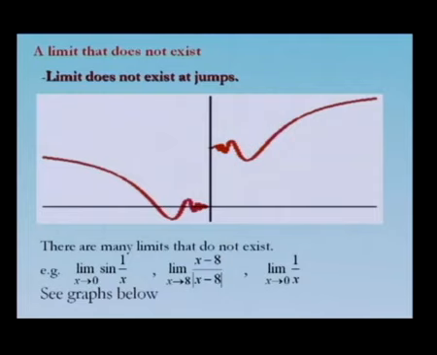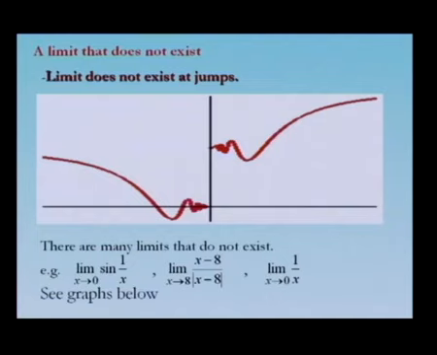So there is a jump. When x passes through 0, the function has a jump. So that means when x tends to 0, function does not approach a unique number. That's why the limit does not exist.